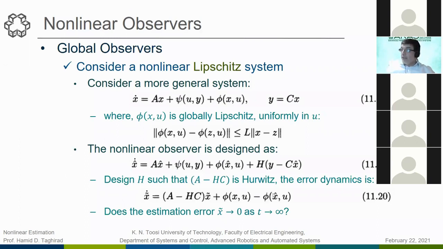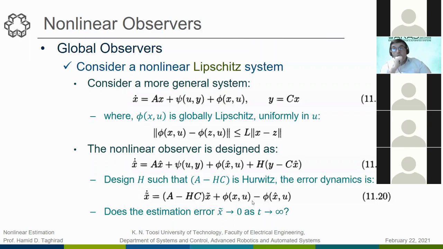So we have a difference here. As you see, the dynamics of the system is not linear anymore. And we have the same good old linear part here, which can be Hurwitz, can be quite stable. But as you see here, we have this part of it which is nonlinear.